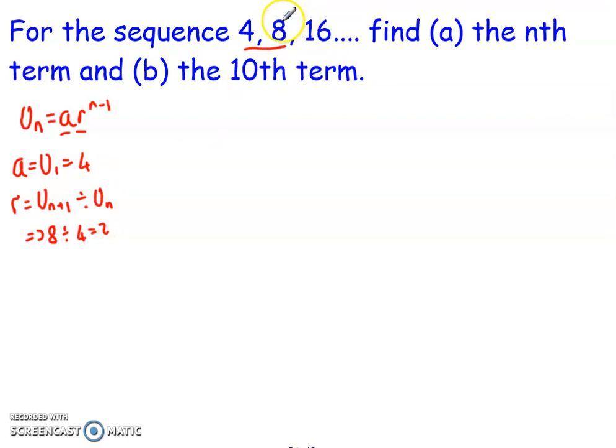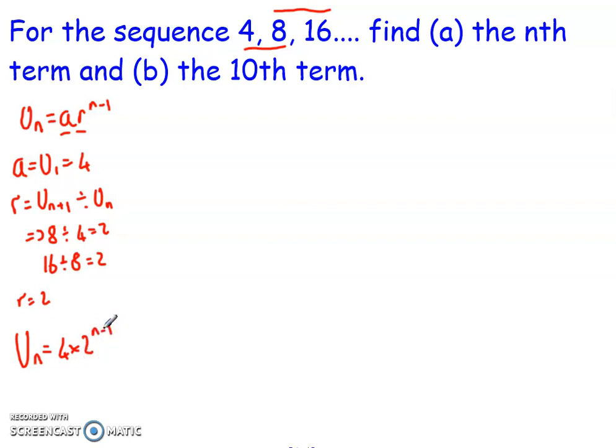If I were to focus on the next two terms, so 8 and 16, I'd get 16 divided by 8, which again is 2. So from that, I can say that r, my common ratio, is equal to 2. So I can plug all this together and say, fine, so my un equals a, which is 4, times 2 to the power of n minus 1.